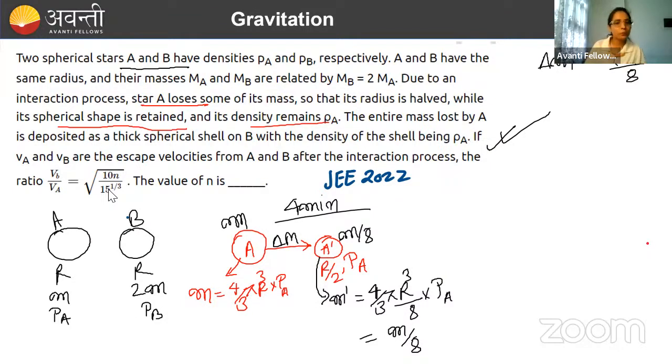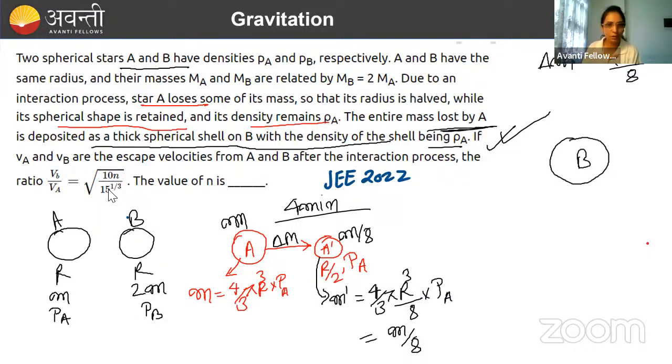Now let's move ahead to the question. The entire mass lost by A is deposited as a thick spherical shell on B with the density of the shell being rho A. Now let's consider B. B is not losing any mass, and whatever mass A has lost is getting deposited on B in the shape of a spherical shell of certain radius, but that shell has a density again equal to rho A. तो चलो मैं यहाँ पे ड्रॉ करती हूँ उसको.